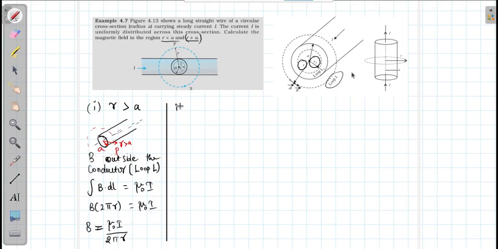Okay, now the second case, the point is inside. The point is inside, see loop L1. Here the distance R is less than A. In this case, we draw the diagram a little bit bigger.